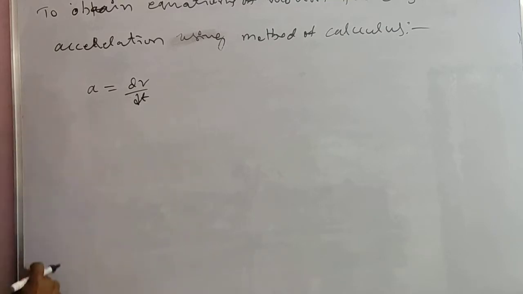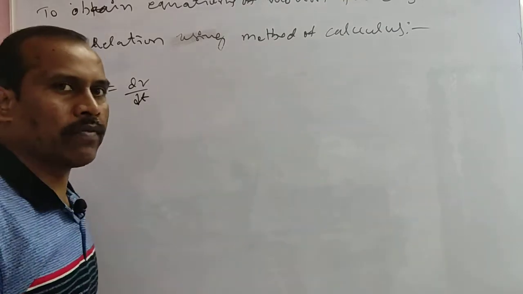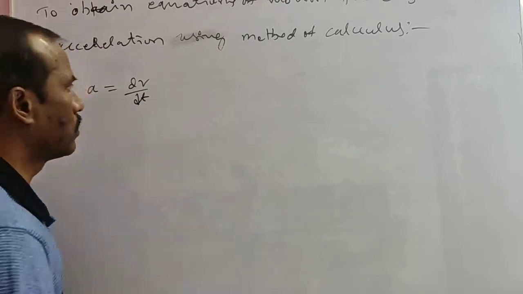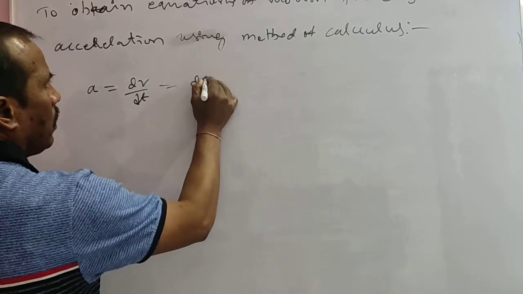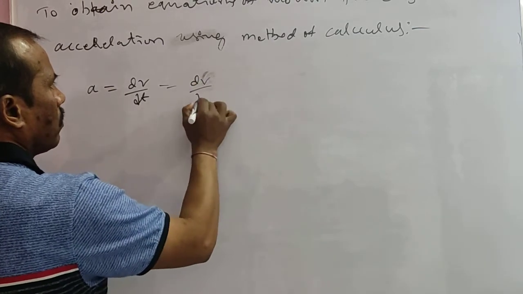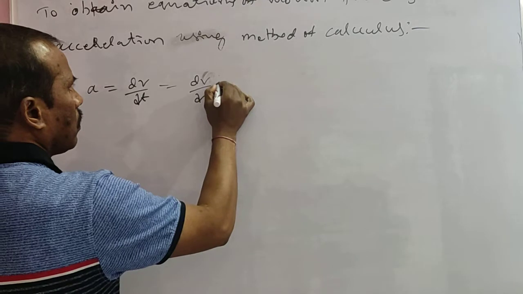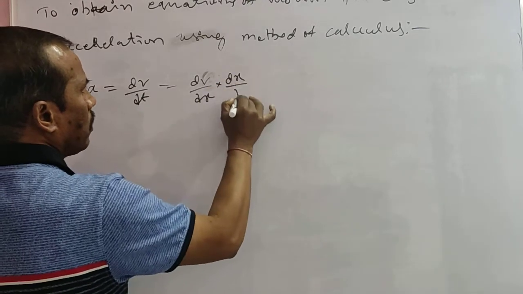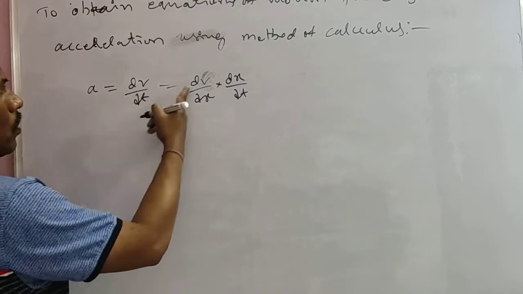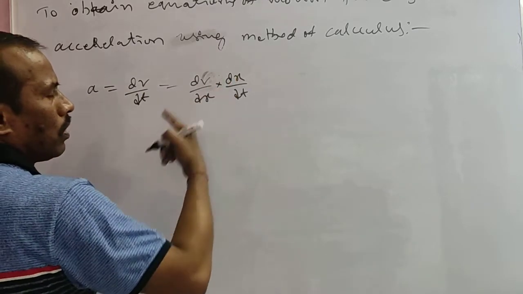So in this equation, multiply and divide with dx, that means dv by dx into dx by dt. a is equal to dv by dt, that is a is equal to dv by dx into dx by dt.